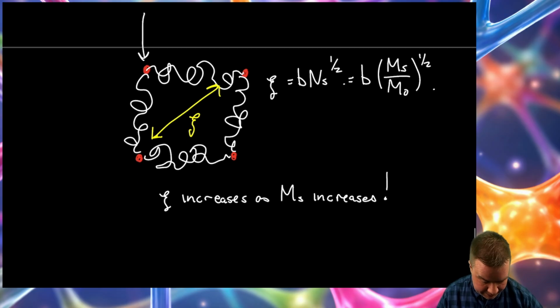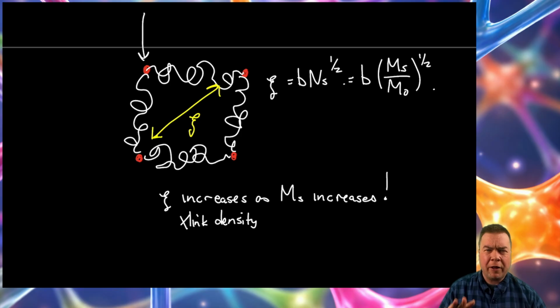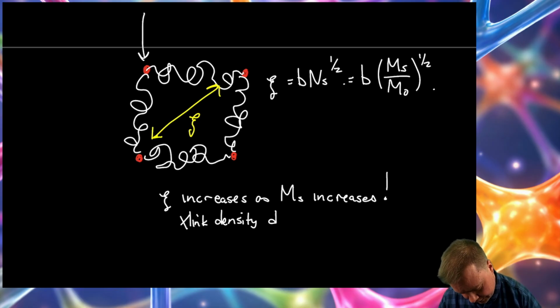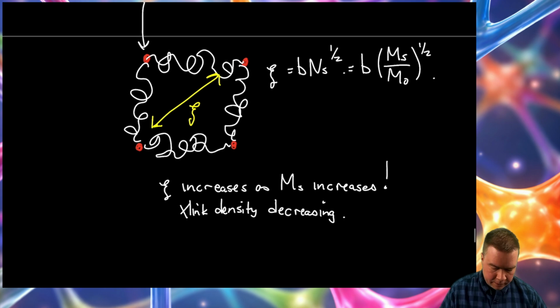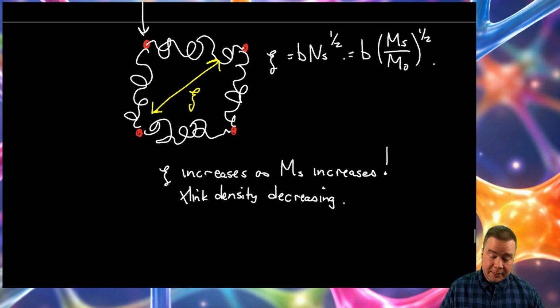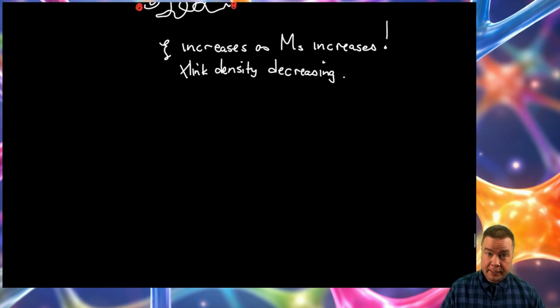So what that's telling me is that, all other things being equal, holding all the other values equal, my crosslink density is decreasing if I do that. And so that's the basic way to describe how this thing is resisting deformation.